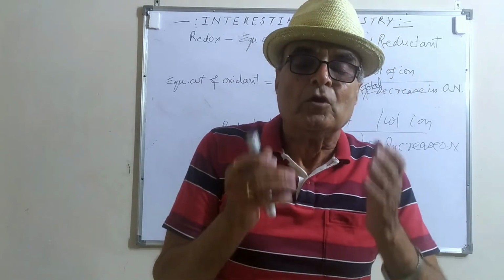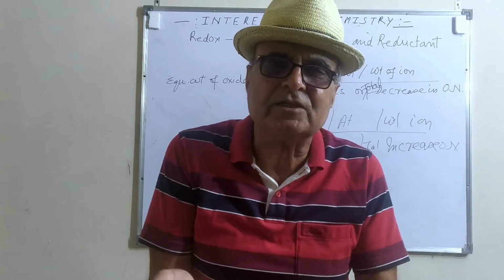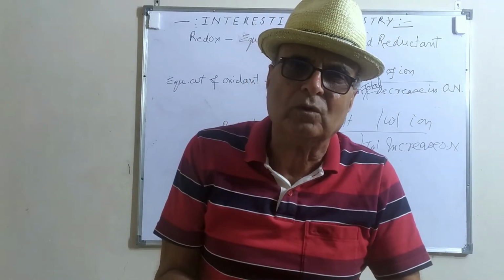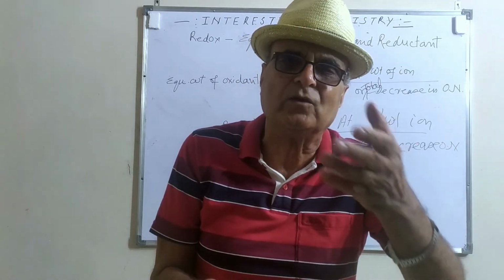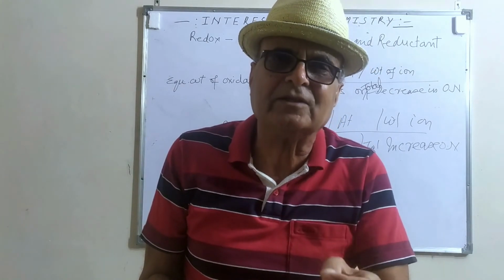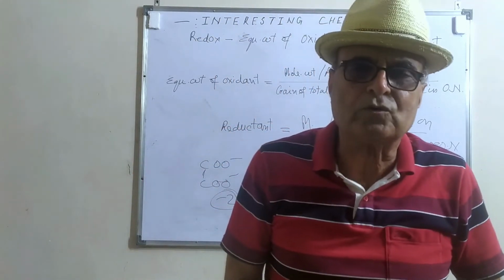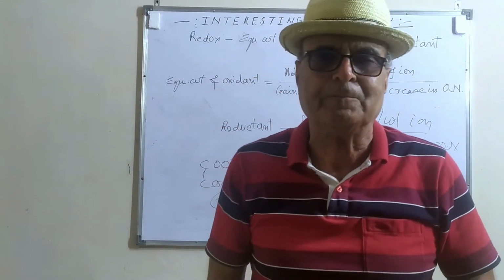So the molecular weight of oxalic acid is divided by 2, and the weight of the oxalate ion is also divided by 2, to get the equivalent weight of oxalic acid and oxalate ion respectively.